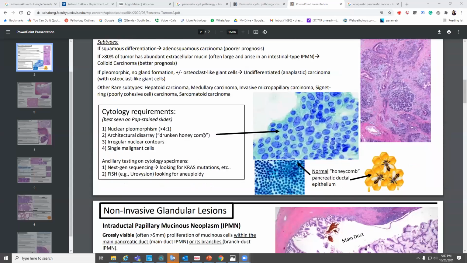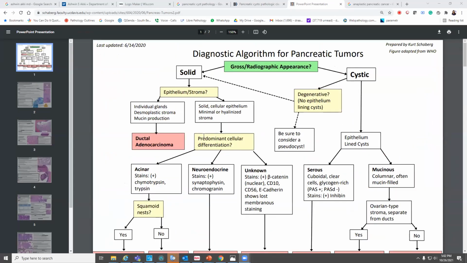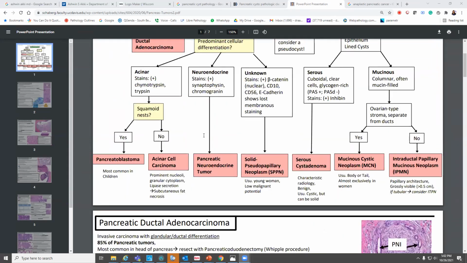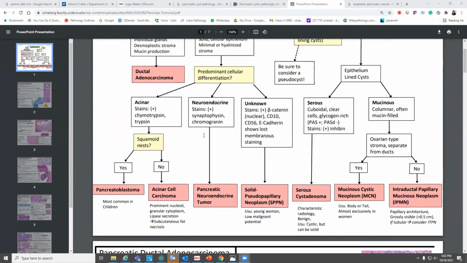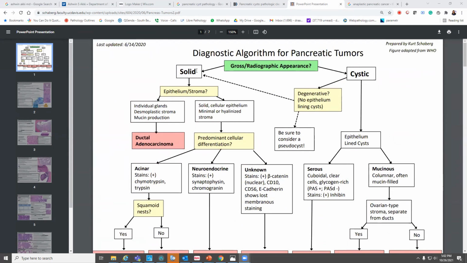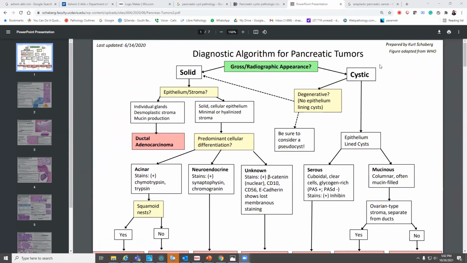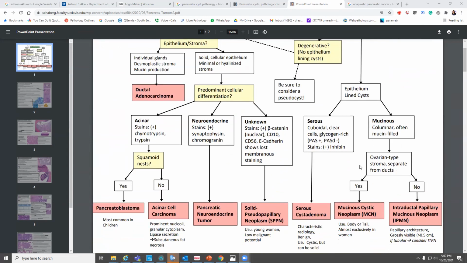If we could just quickly summarize what we saw in the session. I'm not going to go into detail, but solid and cystic. If it is cystic, look at the lining epithelium, serous or mucinous epithelium, then look for ovarian type stroma. If there is ovarian type stroma, then it is MCN, usually in the body or tail, exclusively in women.